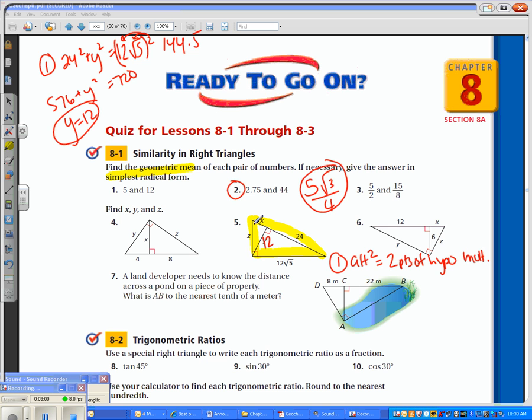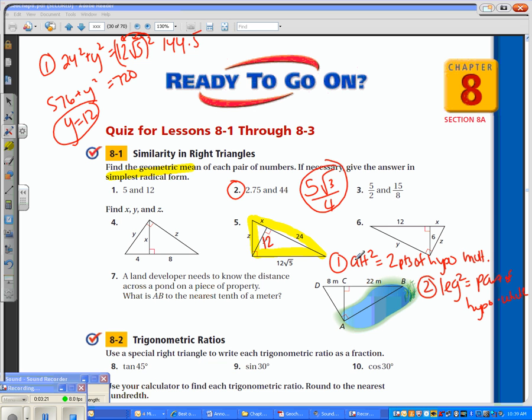So that would be 12 squared equals x times 24. The other shortcut that you could use is that the leg squared equals the part of the hypotenuse times the whole hypotenuse. And most people are forgetting these two shortcuts. I guarantee you there will be a question like this on your exam.